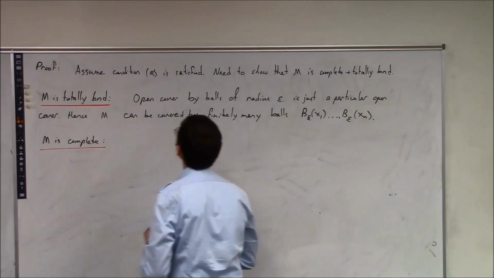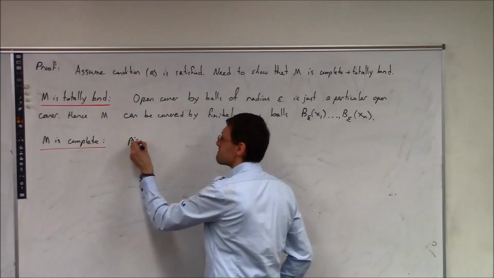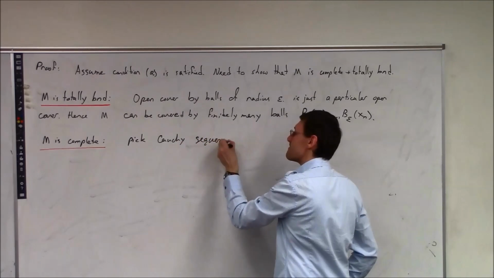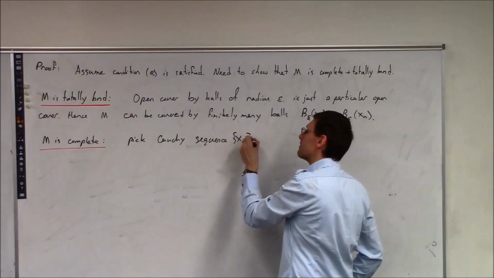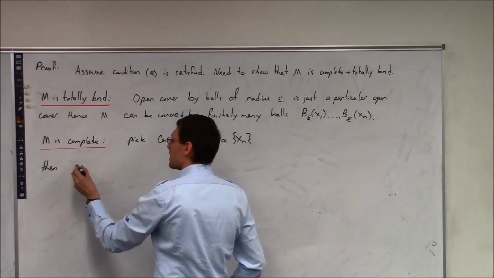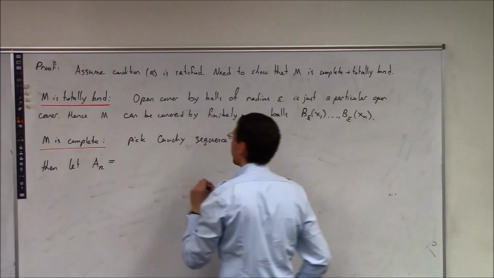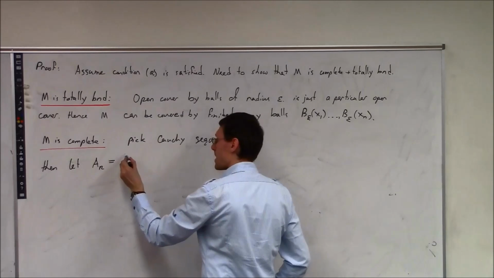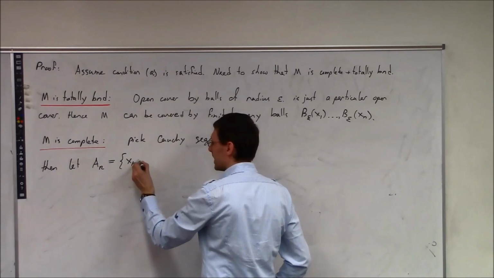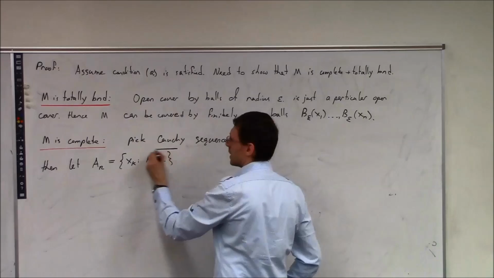Well, if you pick a Cauchy sequence xn, then let A sub n be the set of xk such that k is bigger than or equal to n, and we'll take the closure of that set.